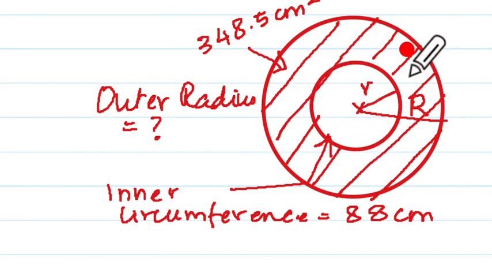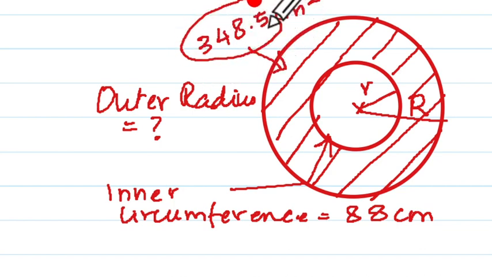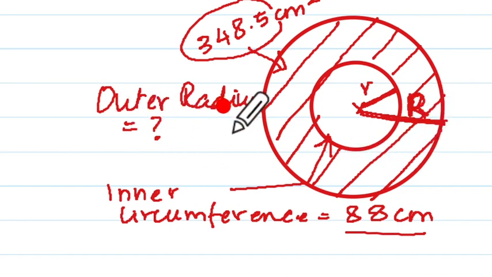The area between the two concentric circles has been given as this much, and the inner circumference is given as this much. So let the inner radius be small r and the outer radius be big R. Okay, they are asking the outer radius, which is big R, equal to how much.